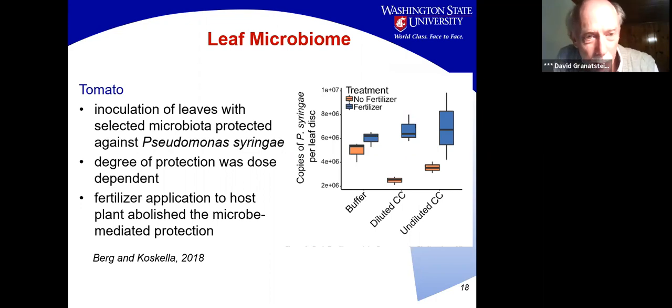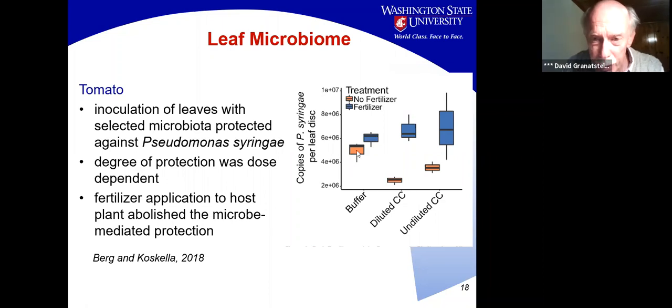Here's an example from a study on tomato where they were working for control of Pseudomonas, a bacterial disease, and they came up with several different selected micro mixes, so to speak, that they thought might help protect it. And they sprayed it on, and sure enough, they did get a response.